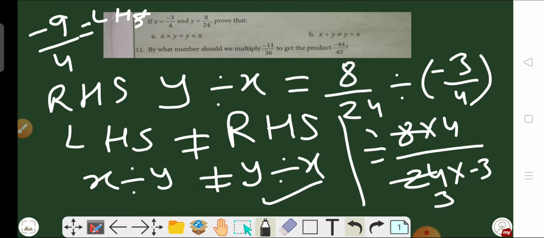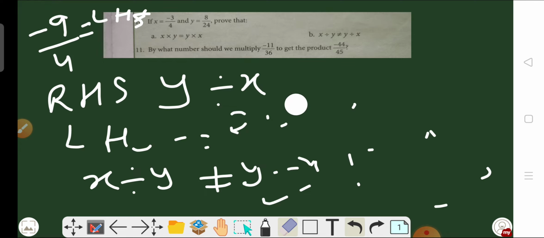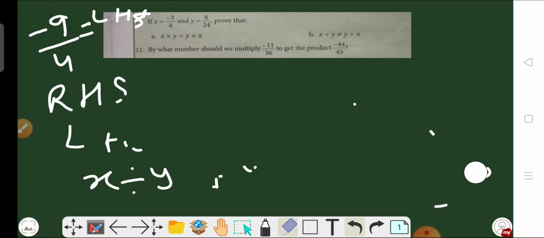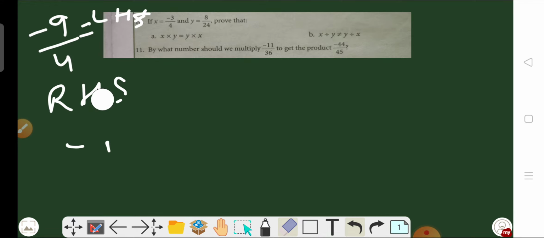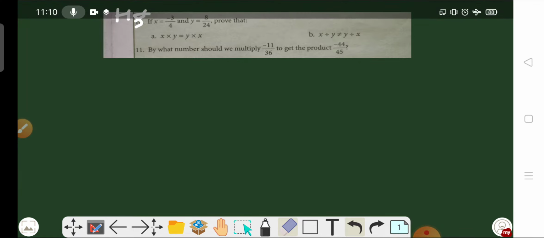Now we will solve our 11th question. What is the statement of 11th question? In your 11th question, you have to find a number such that when you multiply that number by minus 11 by 36, you will get a product equal to minus 44 by 45.